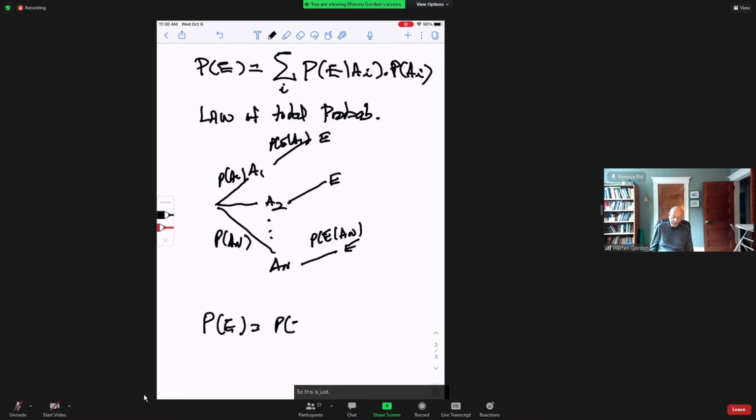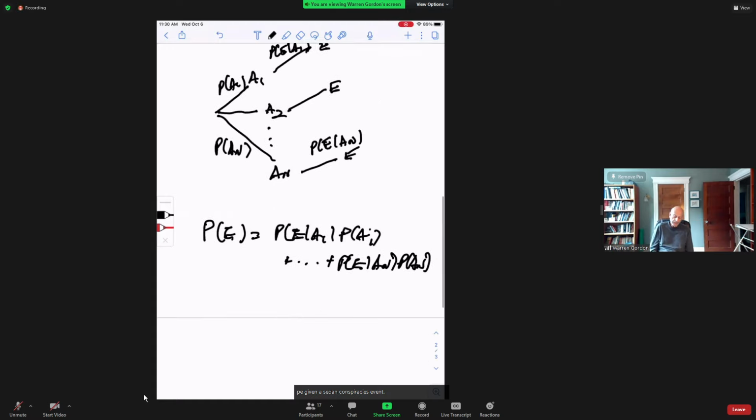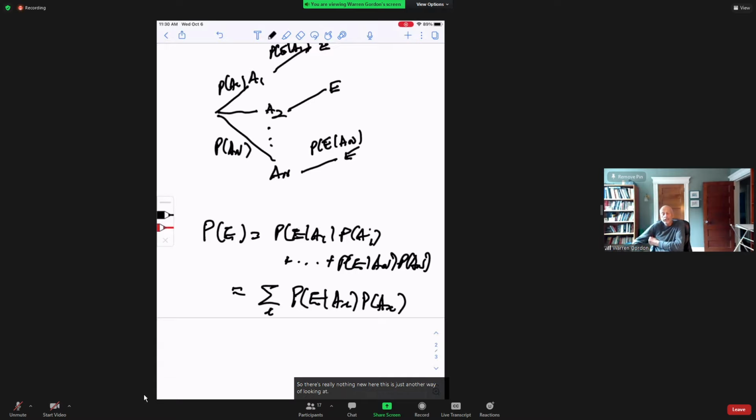So this just turns out to be the sum of P of E given A1 times P of A1, and so on, P of E given A sub n times P of A sub n, or just the sum I had above, P of E given A sub I times P of A sub I. So there's really nothing new here. This is just another way of looking at the tree, and we have the law of total probability.